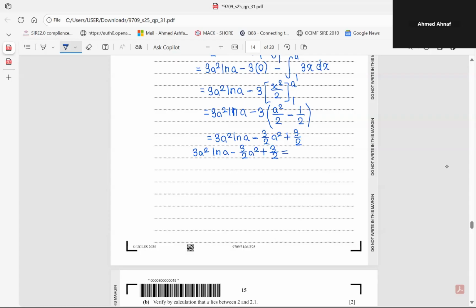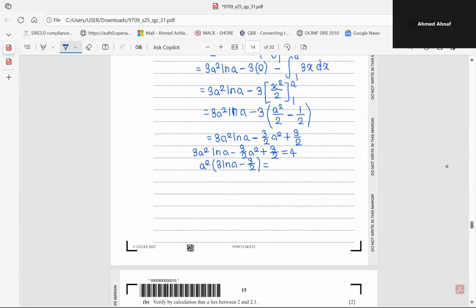Okay, so equals 4. So I'm going to move all the constant terms to the left and factor out a squared. So we would have a squared bracket 3 ln a minus 3 over 2 equals 4 minus 3 over 2.